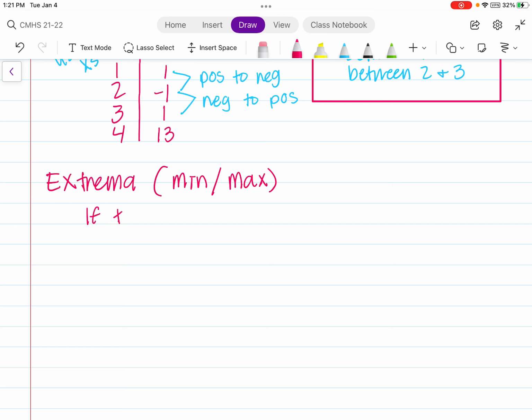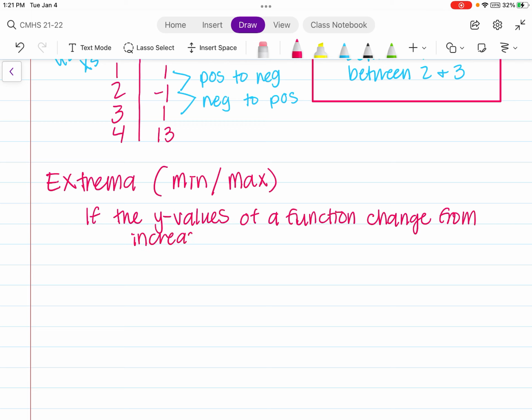If the y values of a function change from increasing, like the numbers are going up, to decreasing, all of a sudden the numbers go down.